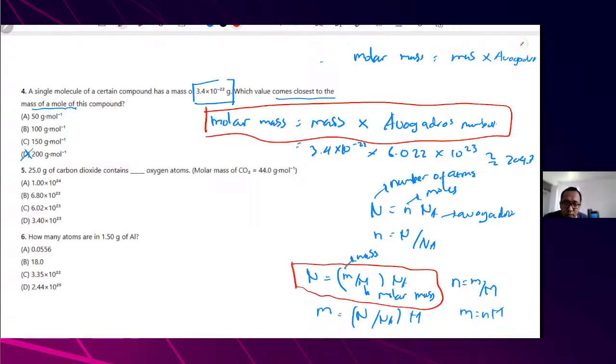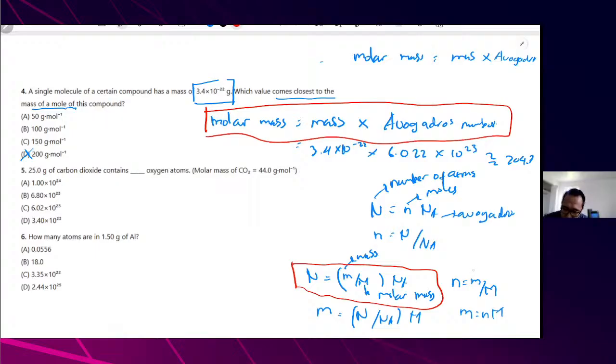Let's take a look again. m is the mass of the element. N is the number of atoms. n is the number of moles.